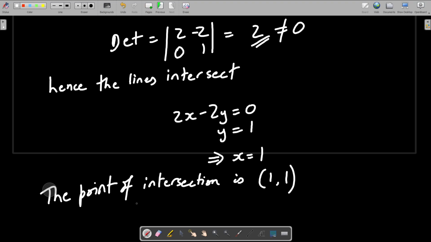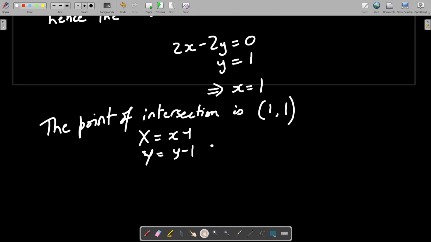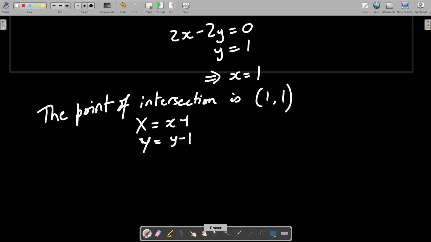So what should be our change of variables? Define capital X as small x minus 1 and capital Y as small y minus 1, just the subtraction of these quantities. In other words, small x should become capital X plus 1, and small y should become capital Y plus 1.